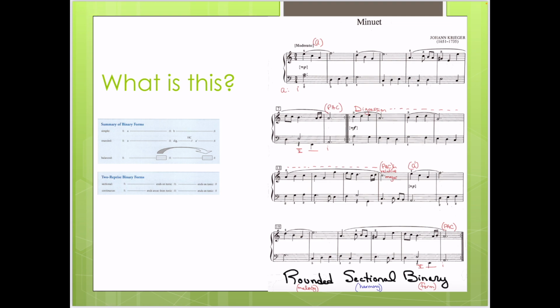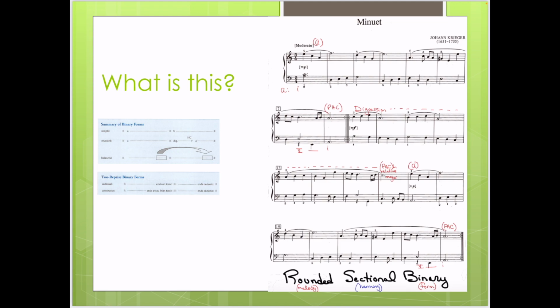Okay, so I've marked the small case A in parentheses over bar 1, and I was looking for it to come back after the double bar in bar 9, and I found that it returned in bar 17. So I put A prime right there.